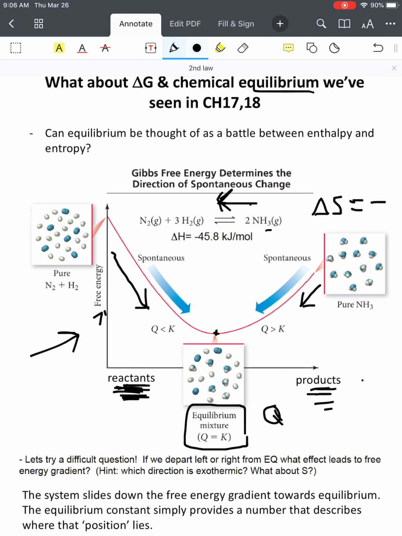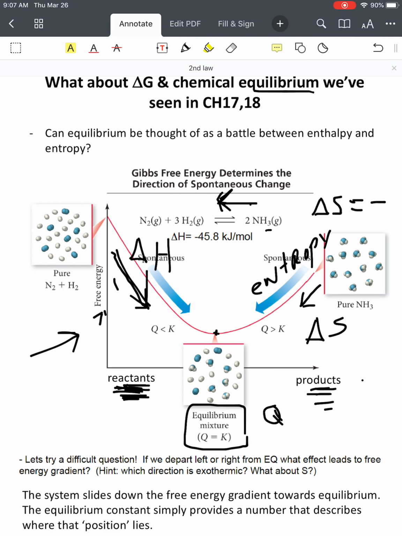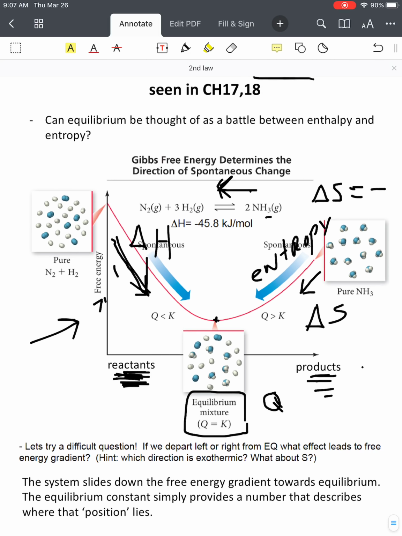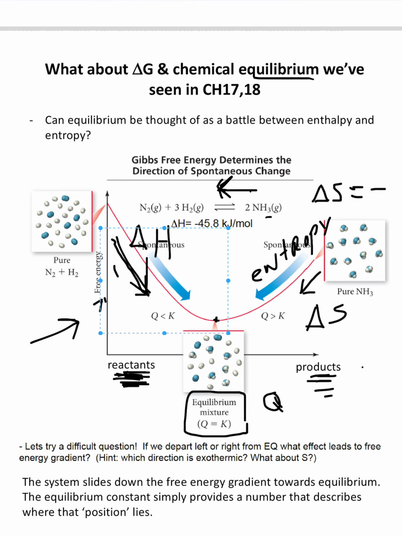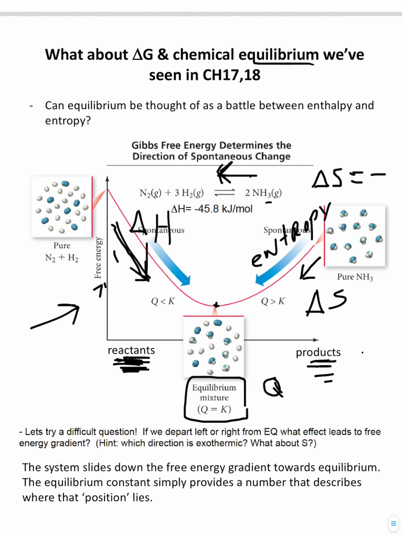Well, in that case, it's driven by what? Our delta S, or our entropy change. So moving this way is going to be driven by our entropy effect, and moving this way is going to be driven by our enthalpy effect. Okay, so it's actually kind of an interesting way to think about it, I think. As we move towards equilibrium, we slide down this energy gradient to get to that point of low chemical potential energy, all right?